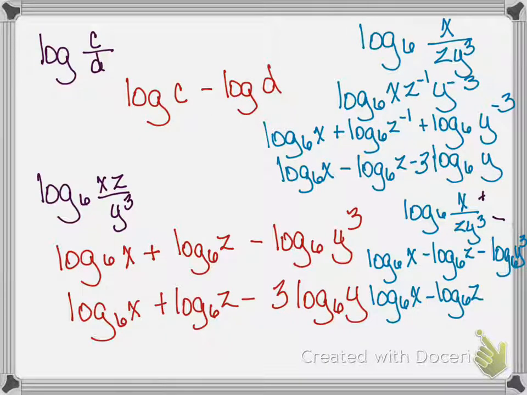Okay, and then I'm going to write this down here, minus 3 log base 6 of y. Okay? So what I did on top was just to show you why. If you have more than one in the denominator, you're always going to be subtracting, even if they're multiplying together. Yes. Okay. Yes. Got it. Thank you. That is an excellent summary.